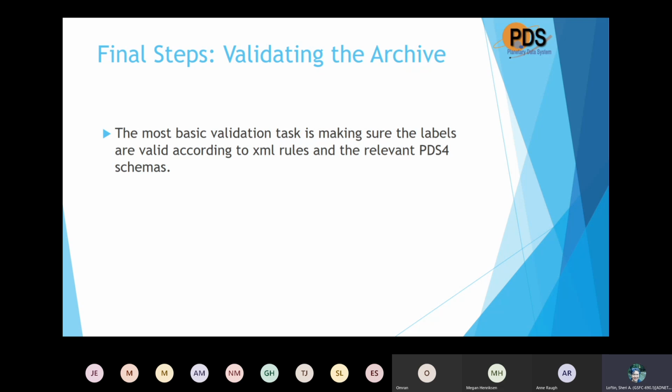So a lot of scientists will use whatever software they're already comfortable with to look at their data. That's a given. That's just the way it is. But for the PDS archive, we need it to be able to look at the label file and read the data directly.